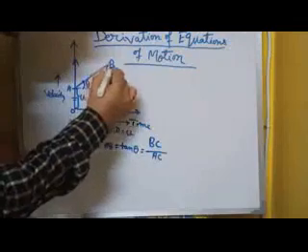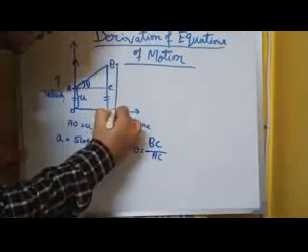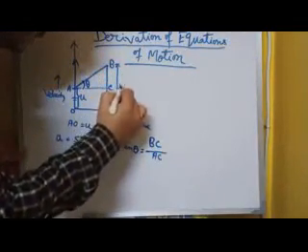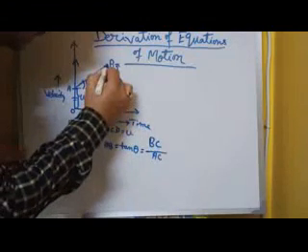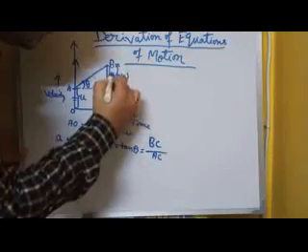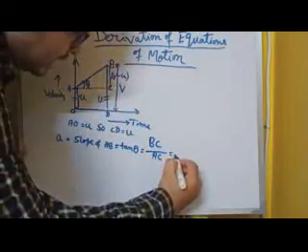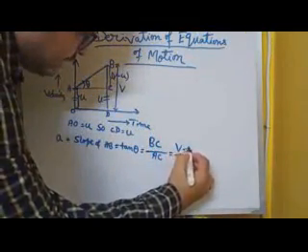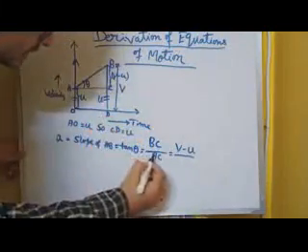Now what is the BC? The total is my V, and this one is equal to U. So BC is equal to V minus U. And what is AC?